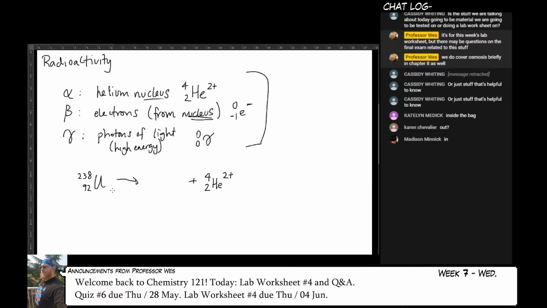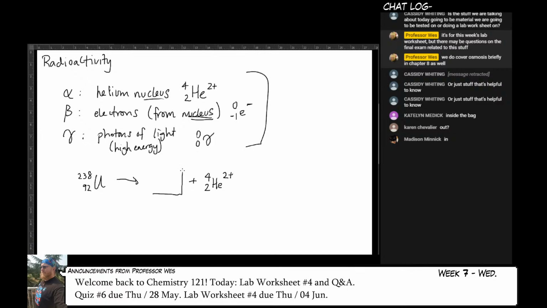But in doing this, I have to make sure that whatever I started with and whatever I end with over here obey the law of conservation of mass. So I can't create protons out of nowhere. So I can't just spit out helium nuclei from a nucleus and then nothing happens to it. So what ends up happening is that I look at the numbers for the atomic number and I have to compare them together.